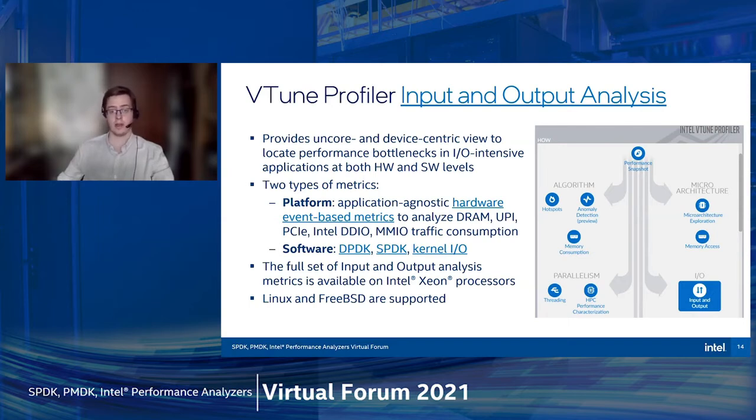So you can analyze DRAM, UPI, PCIe traffic, and see the details of this PCIe traffic, including DDIO and MMIO traffic. And from the software side, you can get some API-level statistics for DPDK and SPDK frameworks, and for Linux kernel I/O. The full set of input and output analysis metrics is available for Intel Xeon processors, and the analysis is enabled for Linux and FreeBSD.